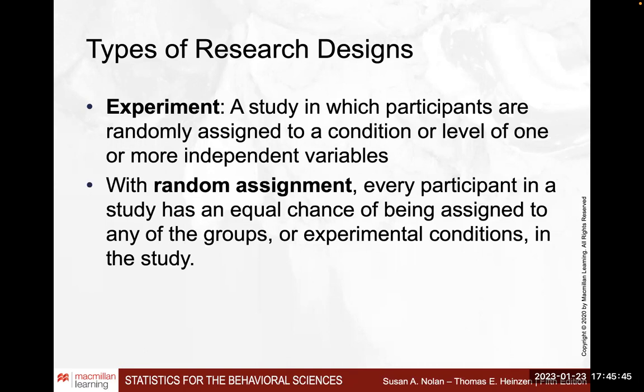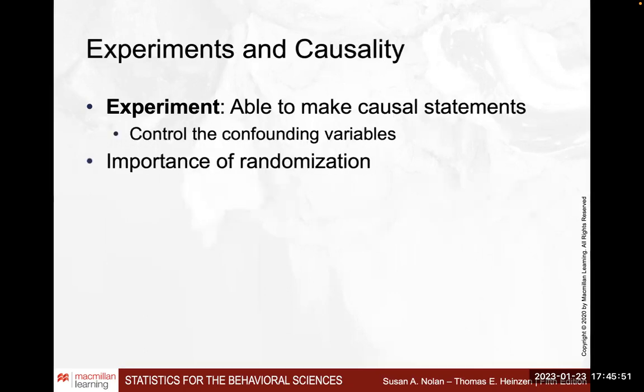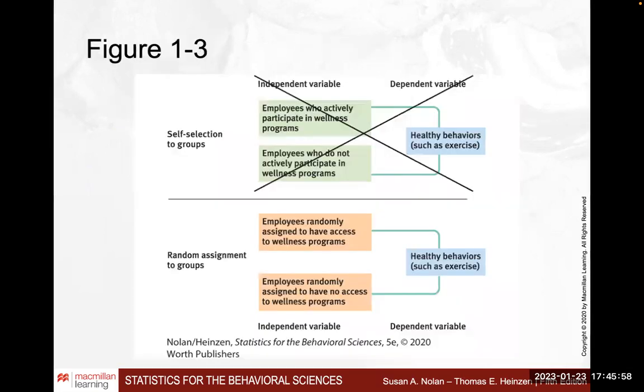And so you want to distribute those evenly between both groups to really see the difference between those two groups. So this is basically why random assignment is important.